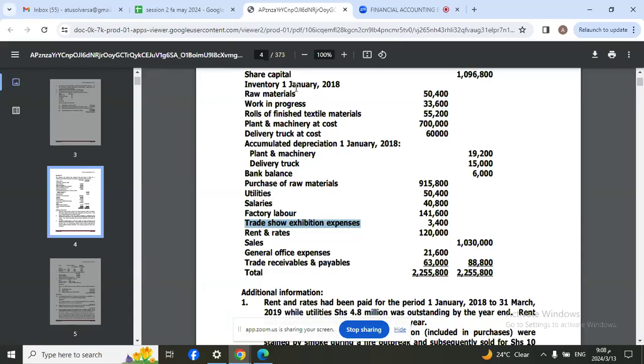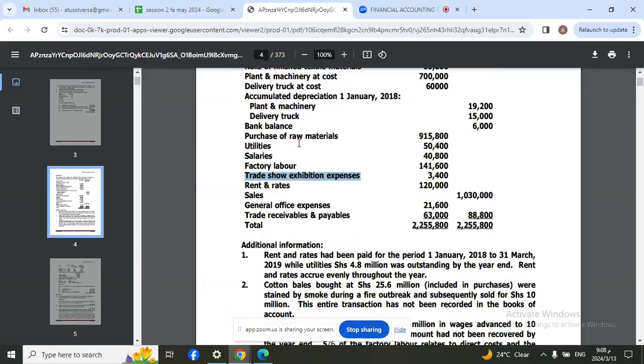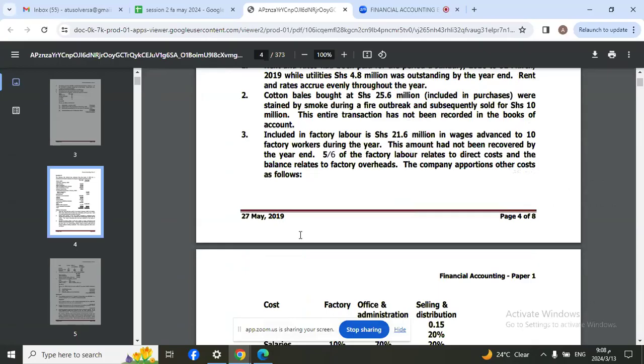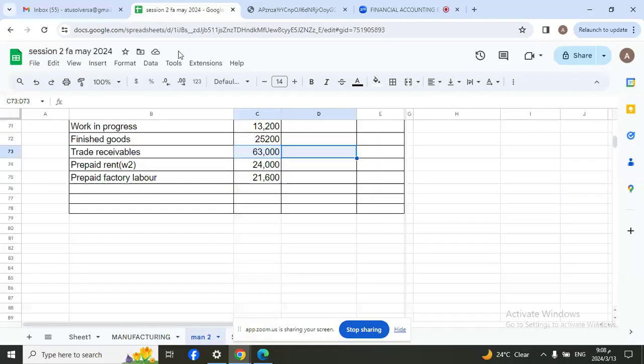No. Okay, so we go on and get the totals here.